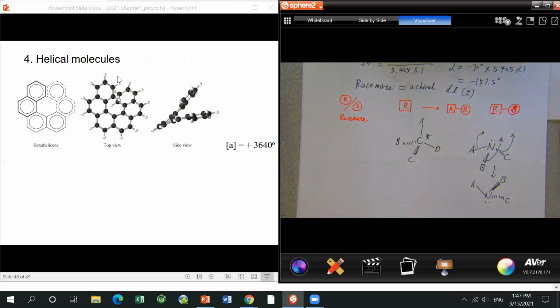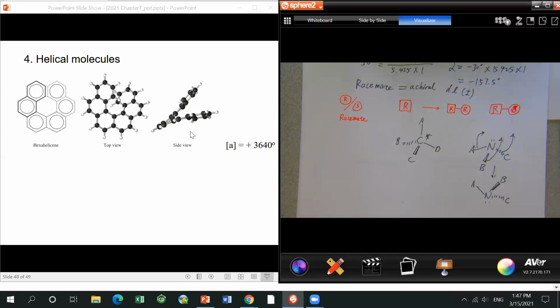And there's another special case: helical molecules. For example, this is a hexahelicene case, with six benzene rings next to each other, but the two terminal benzene rings overlap and are pushed out of plane. The whole molecule is not planar and actually has a helical structure, like this.